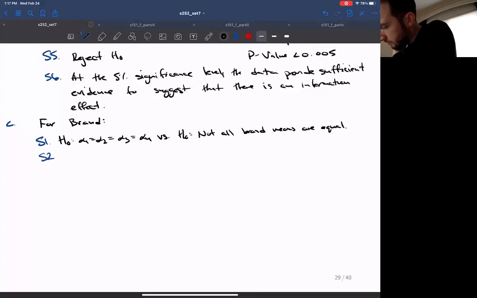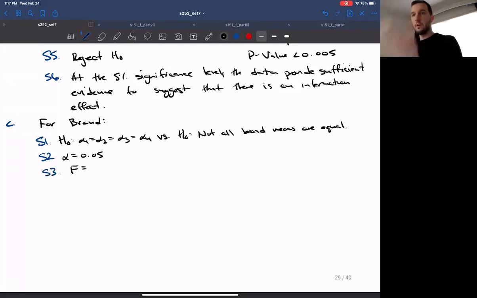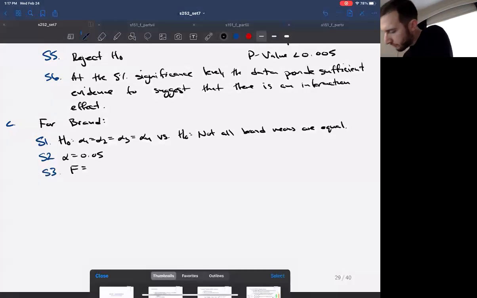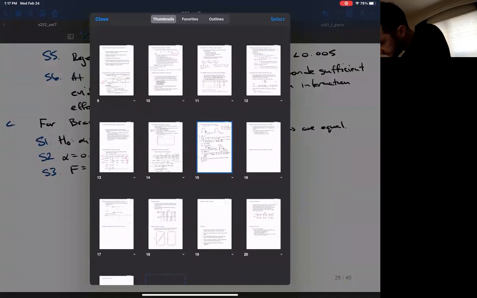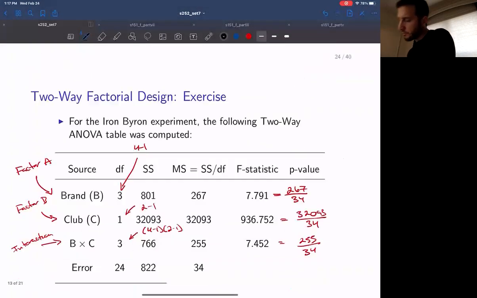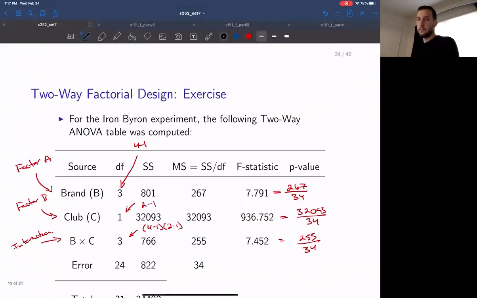Step 2, our significance level. Step 3, we pull the F value out of the table. If we go back to slide 25, for the golf ball brand, our F value is 7.791.